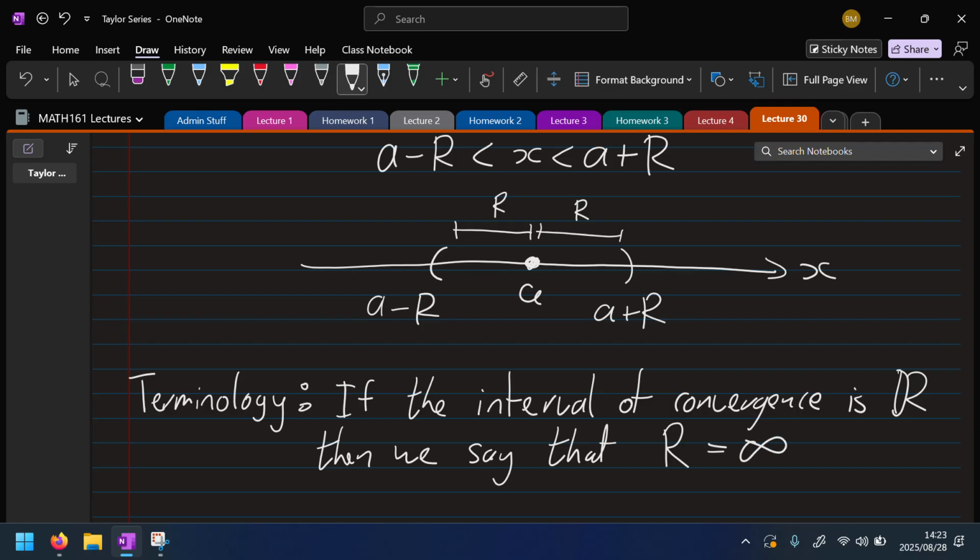So it's like a and then all the way to minus infinity, and then a all the way to plus infinity. So it covers everything.